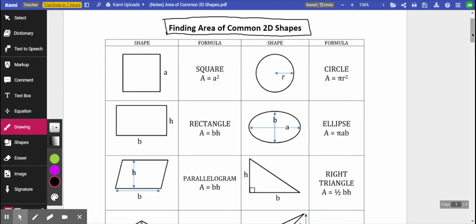The first one is the area of a square, which is just the side squared, or a squared if a is the length of the side. For a circle, the area is pi r squared. For a rectangle it is base times height. An ellipse is pi times a times b, which is basically the length and width from edge to edge of the ellipse, multiplied by the value of pi.